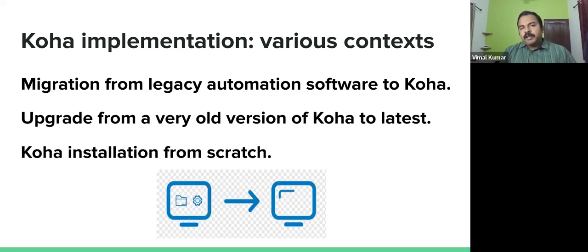We can export data from that software, maybe book details in MARC 21 format, or book details in a spreadsheet, and we can import it into Koha. These are the three Koha implementation contexts we face. Anyway, in three instances, we can run Koha.